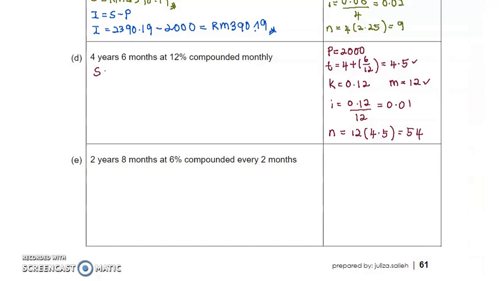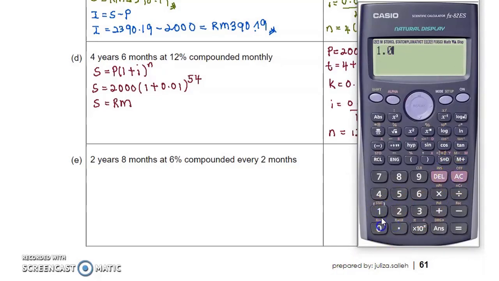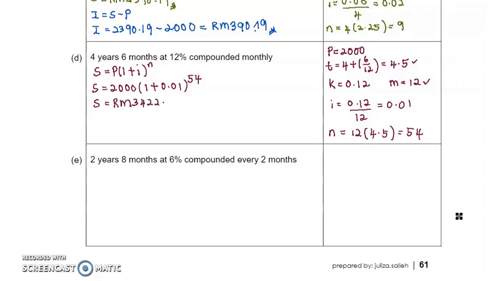Calculate S. S equal to P(1 + i) to the power of n. 1.01 to the power of 54, multiplied by 2000, is 3422.82. That is the value at the end of 4 years 6 months.